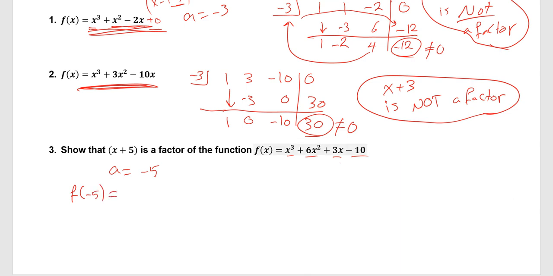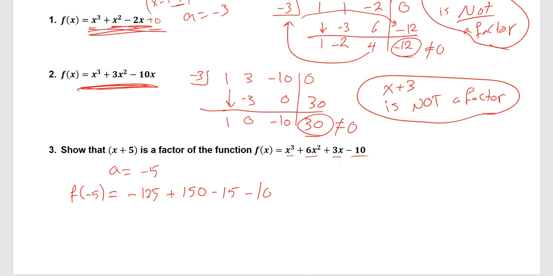So minus 5 cubed is minus 125, plus 6x squared: minus 5 squared is 25, times 6, which is 150, plus 3 times minus 5 is minus 15, minus 10.